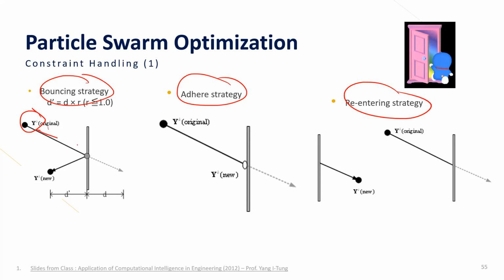Whenever your variable hits the boundary, you calculate the new location based on the trajectory as the particle bounces back. Adhering means it sticks to the boundary. Re-entering means that when you go out from one side, you re-enter the search space from the other side.